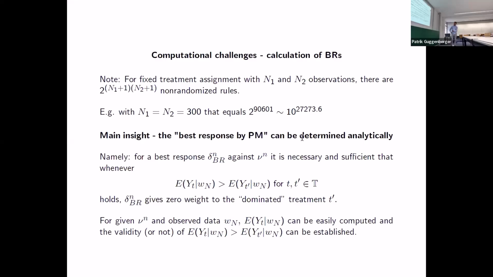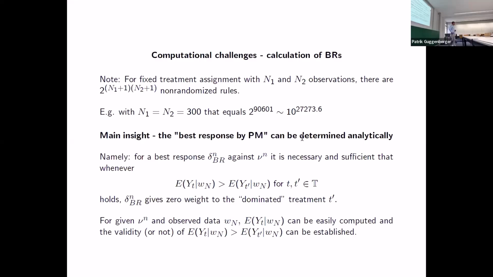So think about the fixed treatment assignment where we have two treatments, or the policymaker has two treatments to choose from, and she's informed about the population distribution by N1 and N2 observations for each of the treatments. How many non-randomized rules are there? Actually, there are that many non-randomized rules. 2 to the power (N1 plus 1) times (N2 plus 1).